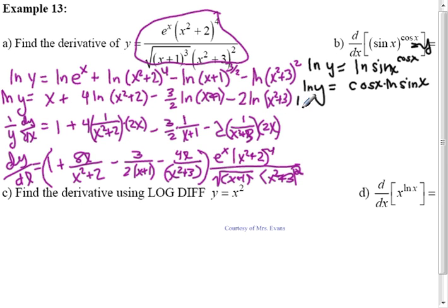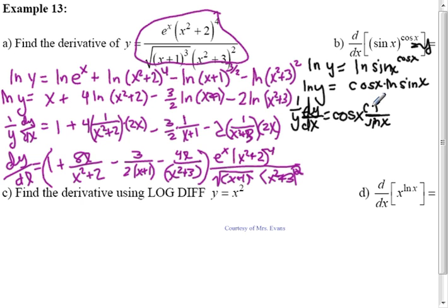So 1 over y dy dx, don't want to forget that, equals the first function times the derivative of the second function, which would be 1 over sine of x, times the derivative of sine of x, which is cosine of x.